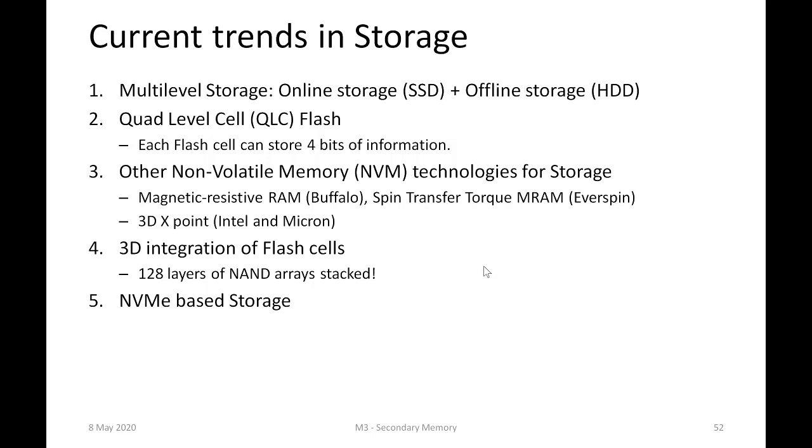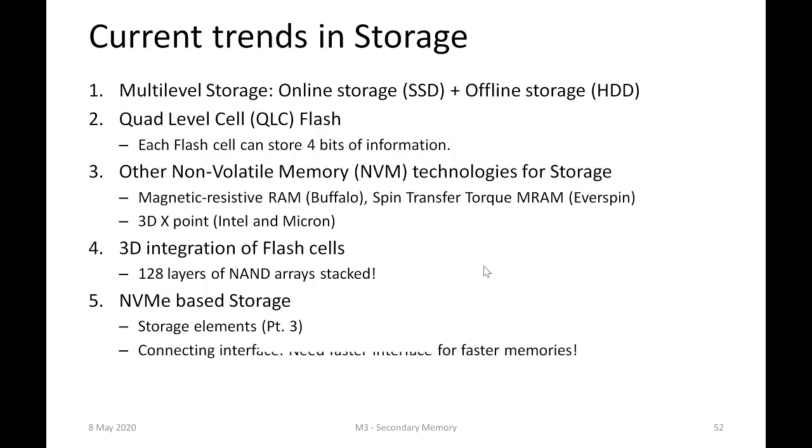They are being explored aggressively, and to support such fast storage elements, a new peripheral interface has been proposed, which is non-volatile memory express, NVMe. The SATA or USB interface that we have been using so far is very slow for these NVMs. So NVMe is being explored.